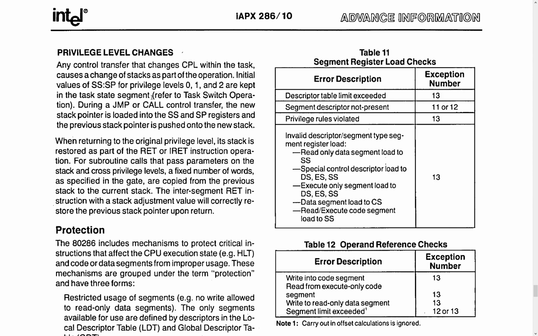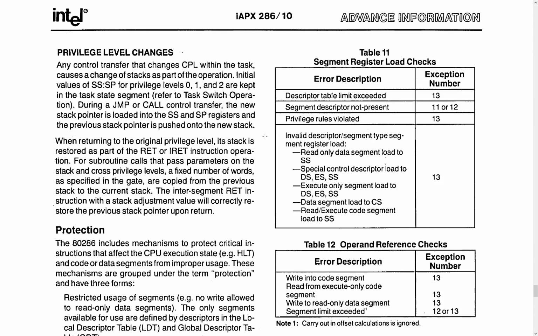This is something that is needed for task switching. But also, as you can see here, even if we are just going to use a single task, we still need to set up this task state segment in order to provide stacks for other levels and make it possible for the call gate to work properly.